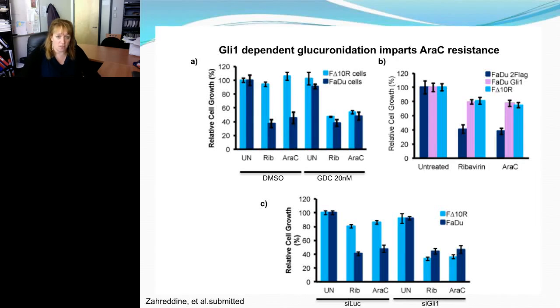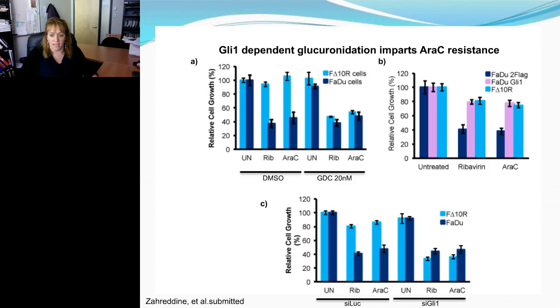So because glucuronidation is such a broad metabolic effect on many drugs, we asked the question, could we have a multi-drug resistance mechanism occurring? And so we looked at whether GLI1-dependent drug glucuronidation could also impart ARC resistance. And I remind you that ARC is the cornerstone of AML therapy, and so could have wide-ranging implications.